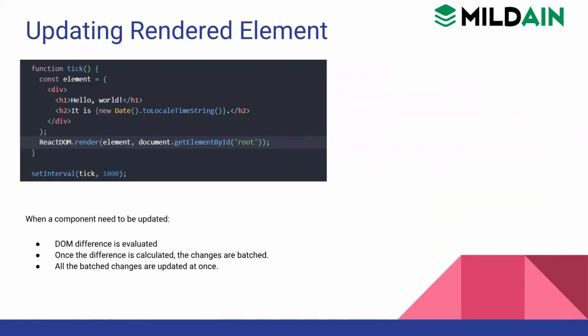Then we were discussing this rendering element, a clock getting updated every second. It has a function tick, which contains ReactDOM.render, and we define the element inside a constant. It contains hello world and the current time, and we render this JSX inside document.getElementById root.